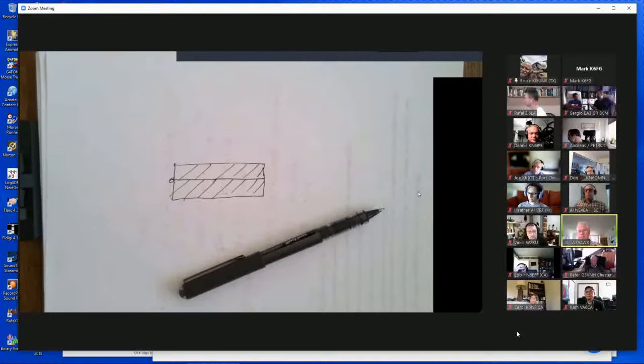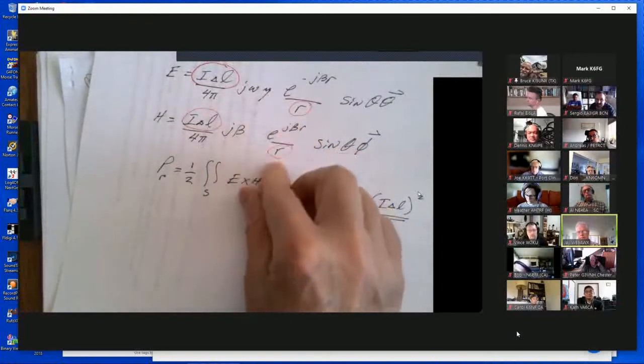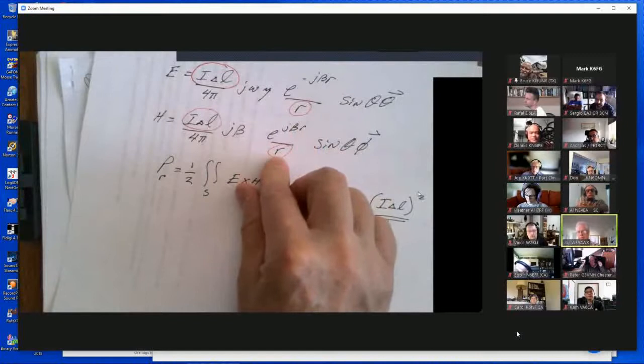There is another solution to Maxwell's equations, and people talk about it because remember what I said about the E and H fields falling off as the inverse of the distance from the transmitter.